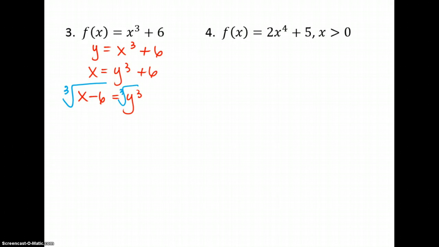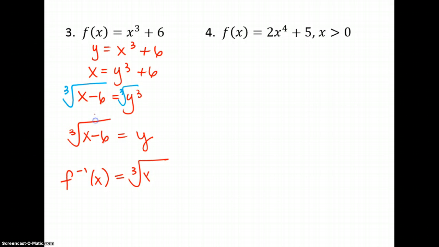So when you solve for y, you get the cube root of x minus 6 equals y. Both the x and the 6 are under the same radical. Final step here, f inverse of x equals the cube root of x minus 6.